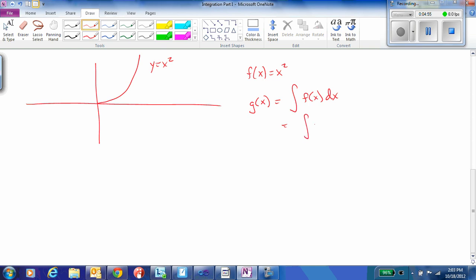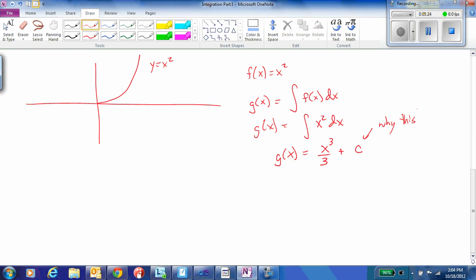So that would be the integral of x squared dx. And here you'll see what I did is I substituted in what my f of x was. Now I would need to do that integral, and we'll talk about that a little bit later. Here I'm going to go ahead and do it. g of x would be x cubed over 3 plus a constant. And we'll come back to why that is a little bit later.